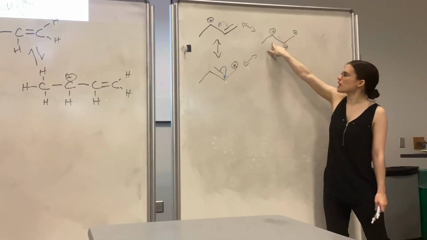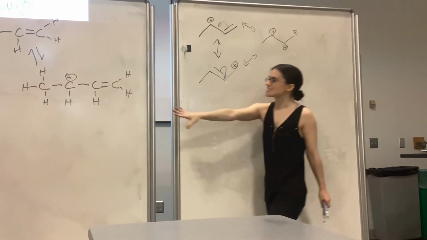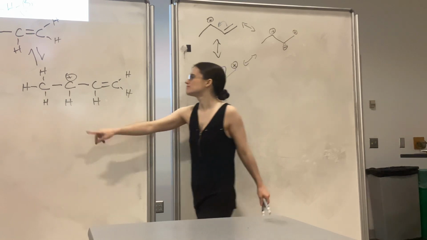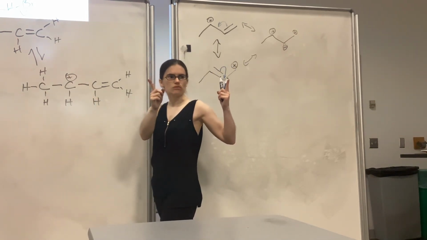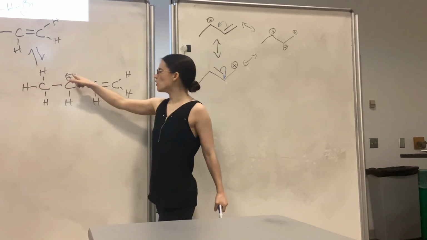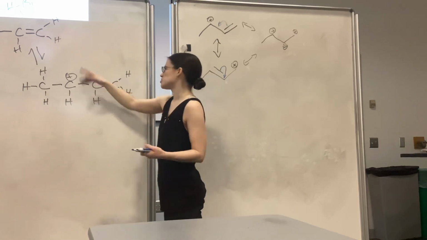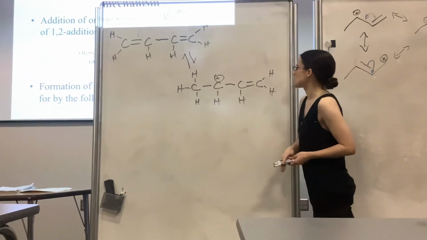These guys are partial positive charges, but they both share partial positive charge, which makes this guy even more stable than just when we broke the single one, right? Because now we've got this guy, it's partial positive. We've got sharing. So, sharing of the discomfort.